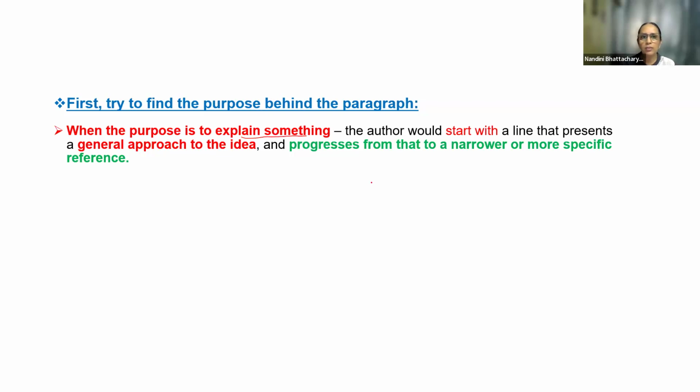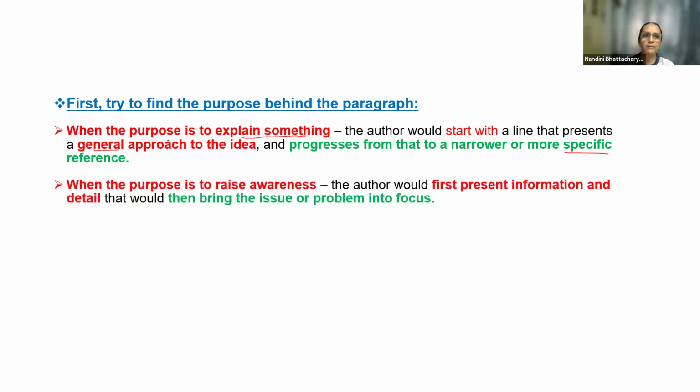It should start with a general idea, and then it will go into the specifics of that idea to explain the concept, right? So it will begin with general, go into specific. So general, narrowing down to specific. That's how it will go. Now, if the purpose of the paragraph is to raise awareness about an issue, how should the paragraph begin?